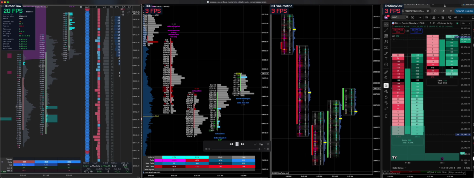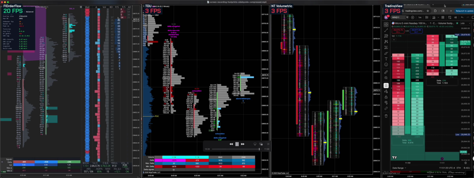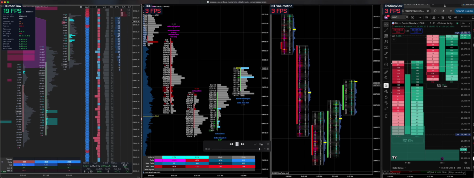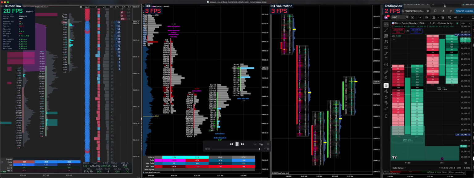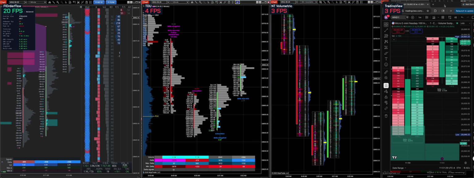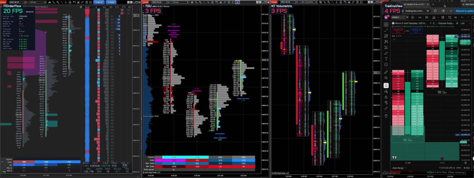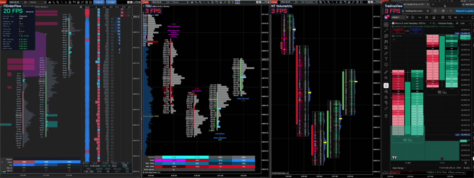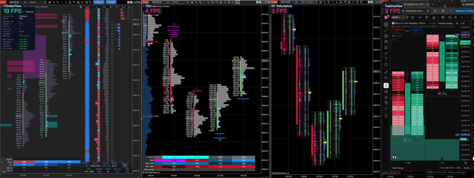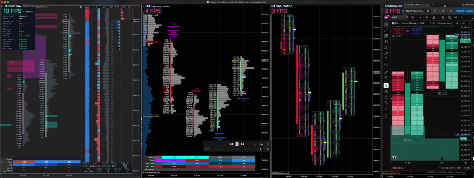Why would you sell at market when you know that there's a ton of people putting their orders out for higher prices? You actually get a better fill. All right, so here we go. Aggressive push to take out these bearish stacked imbalances.